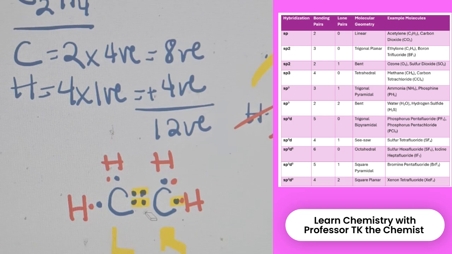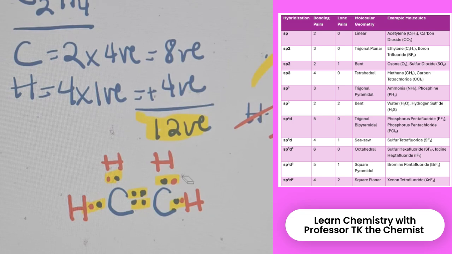Sometimes when you do this, you're going to end up realizing, hey, I miscounted. What happened? So let's recount. You have 2, 4, 6, 8, 10, 12, and they add up. Okay? They add up.